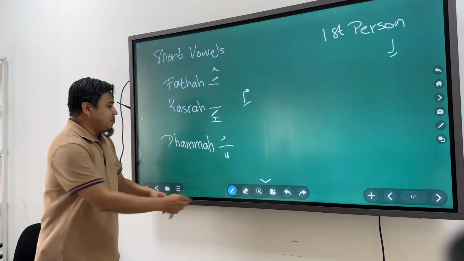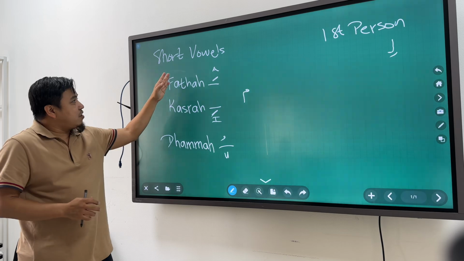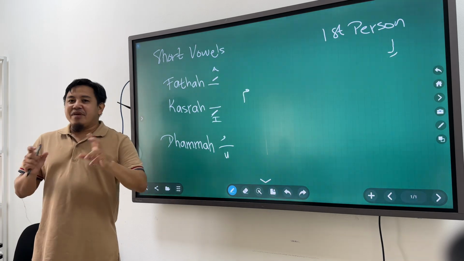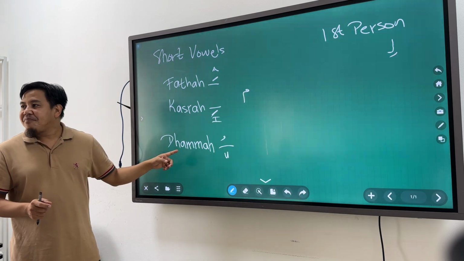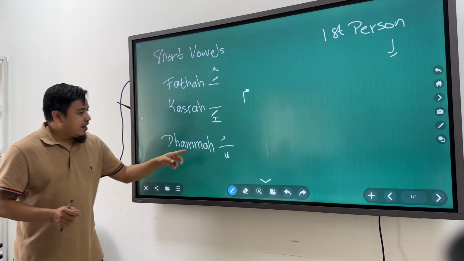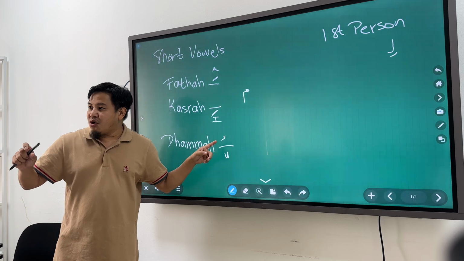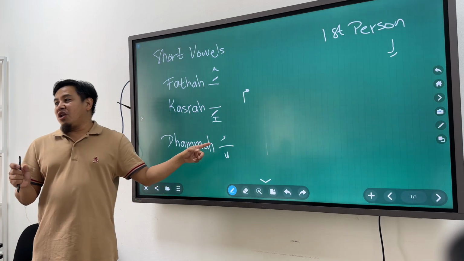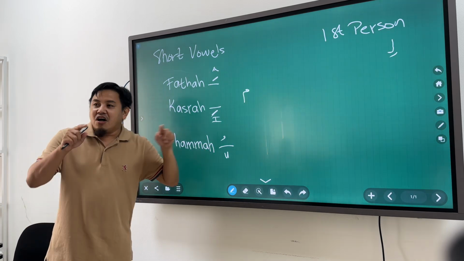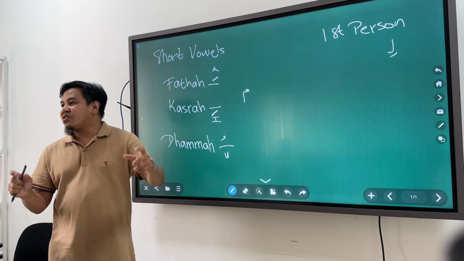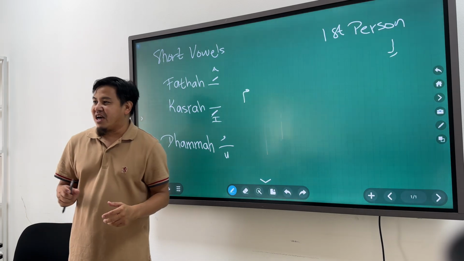Alright? And the third short vowel, the name is dhamma. The symbol is similar to the letter waw, but it is small, and you can find it on the top of any consonant letters of the Arabic alphabet.